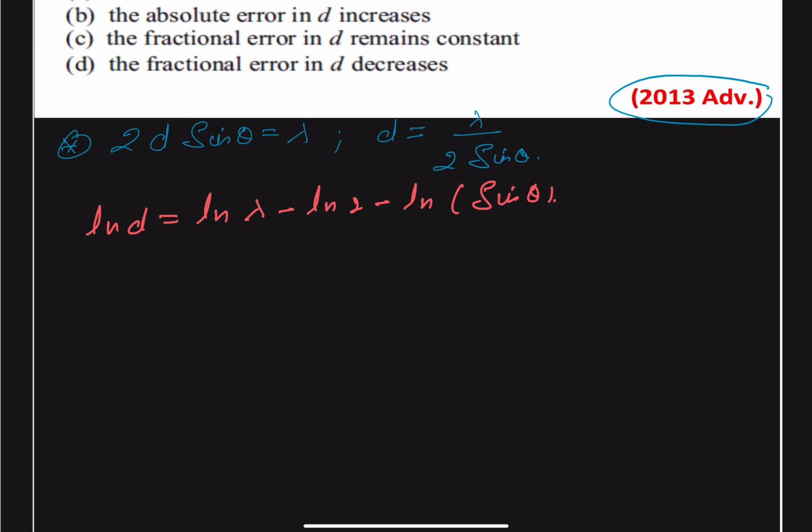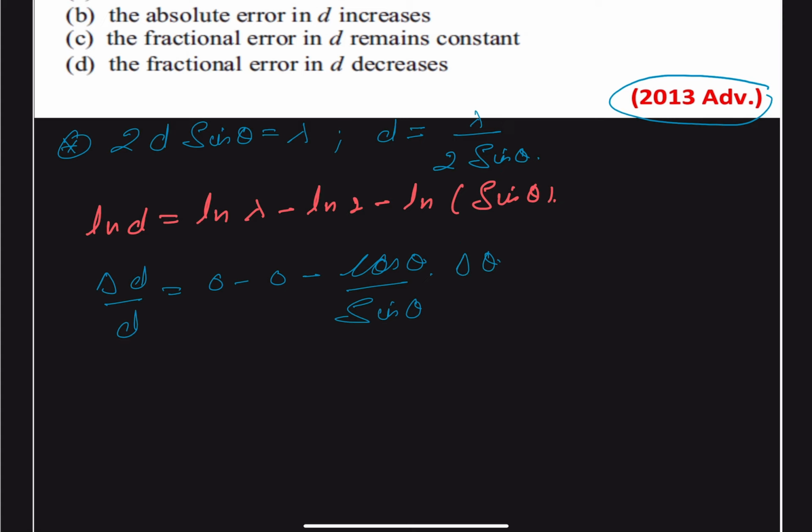Therefore, we get delta d upon d is equal to: lambda is given, which means a constant, and 2 is obviously a constant, so 0. This comes as minus cos theta divided by sine theta times delta theta.